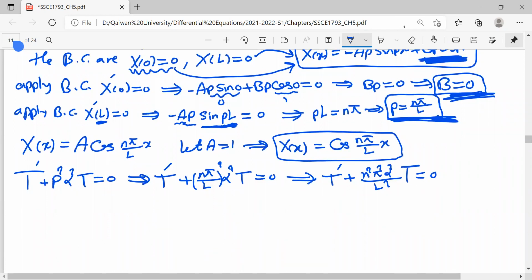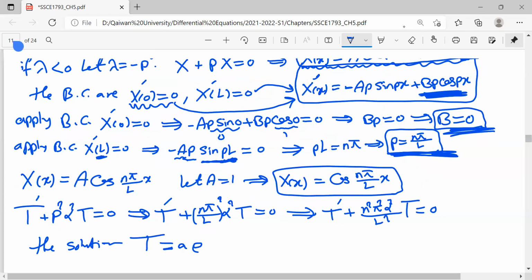I'm just going to write down the solution, okay? So the solution, we get ln T equals negative n squared pi squared alpha squared over L squared t. And then we take exponential for both sides. We get T equals, let's say, e to the power.